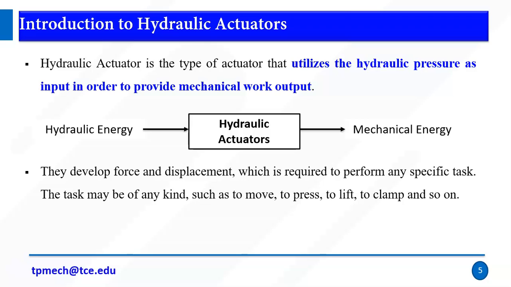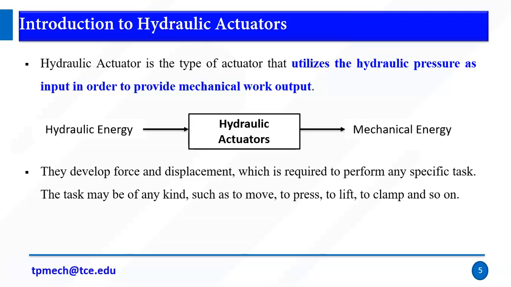It is a type of actuator that utilizes hydraulic pressure as the input in order to provide mechanical work output. Hydraulic actuators are devices which are used to do some work.